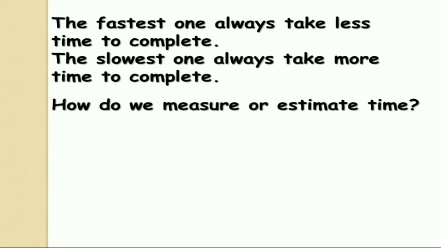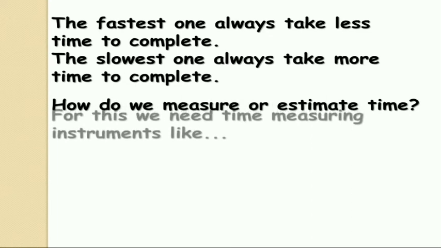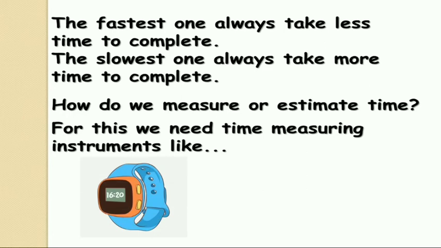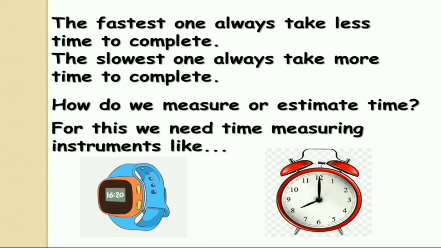Then how to measure or estimate the time taken to complete a task? For this we need time measuring instruments, like, what are they? Watches and clocks. So how did ancient people measure the time? There were no mechanics at that time.